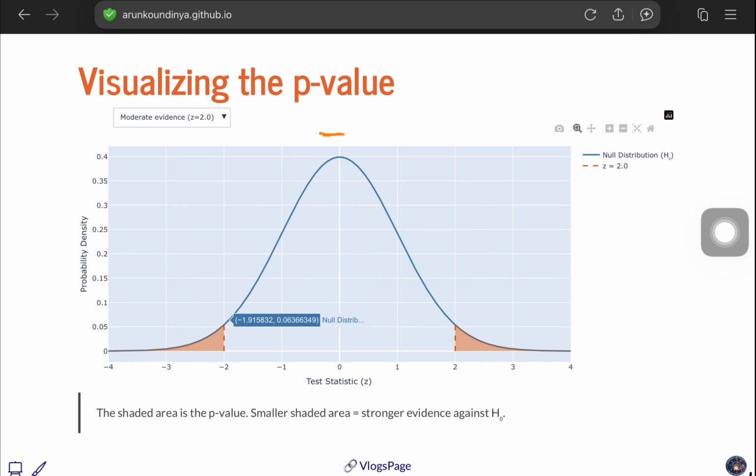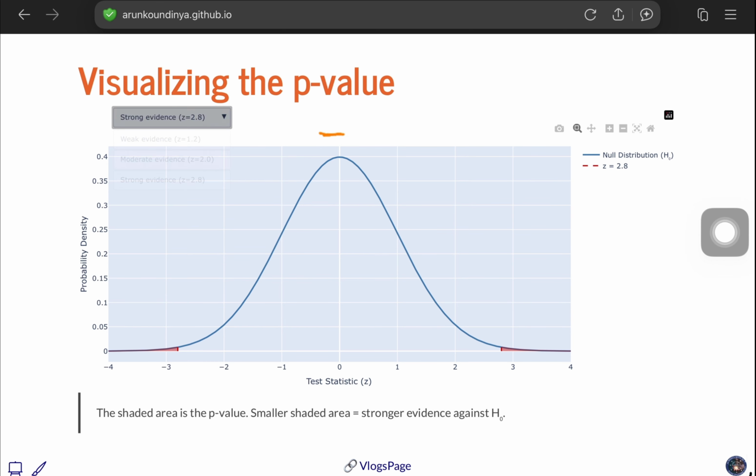As I change further, you can see the probability is less than 0.05, alpha is 0.05, so we can reject the null hypothesis, because we have stronger evidence to reject it.